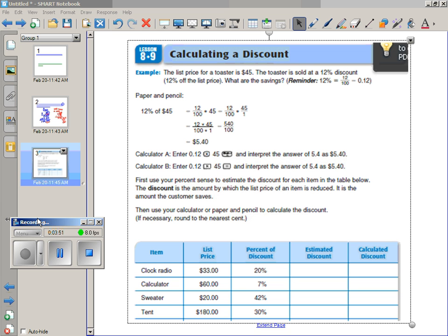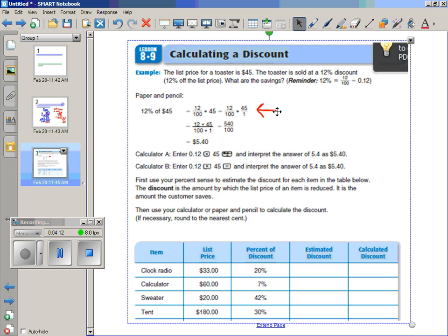What are the savings? Reminder, 12% equals 12 over 100, which is equal to 0.12. So with your paper, you would be doing a multiplication problem just like they showed you here, because of means multiply, and they get their final answer.